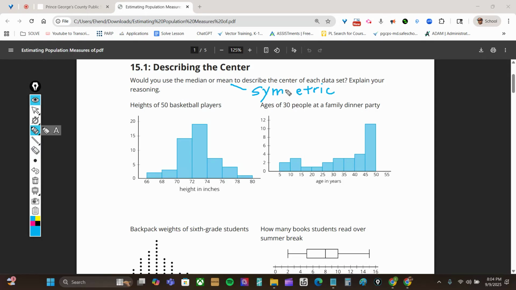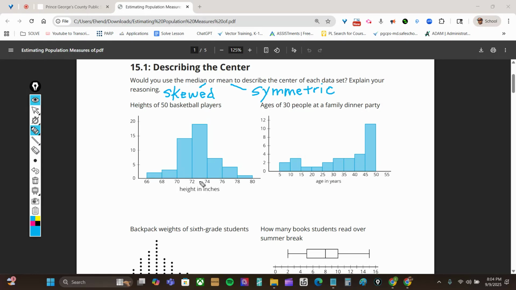If you're not sure, two M's, symmetric or symmetrical data. And the median is better when data is skewed, because the mean works well when the data is symmetrical because it accounts for all the values.